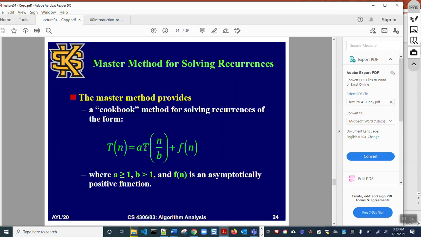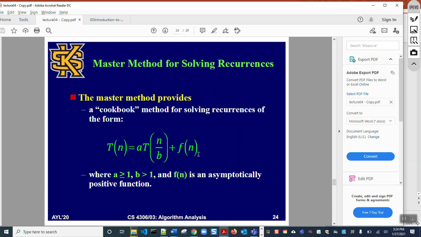So in the master theorem, what do we do? We solve recurrences of the form T(n) = aT(n/b) + f(n), where f(n) is a function of n.